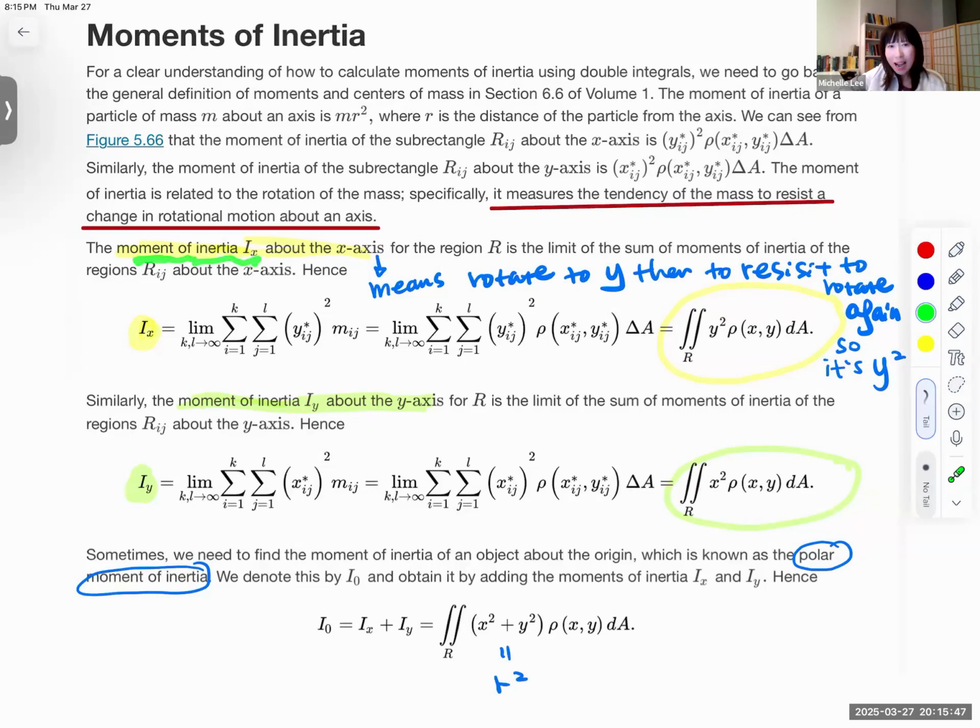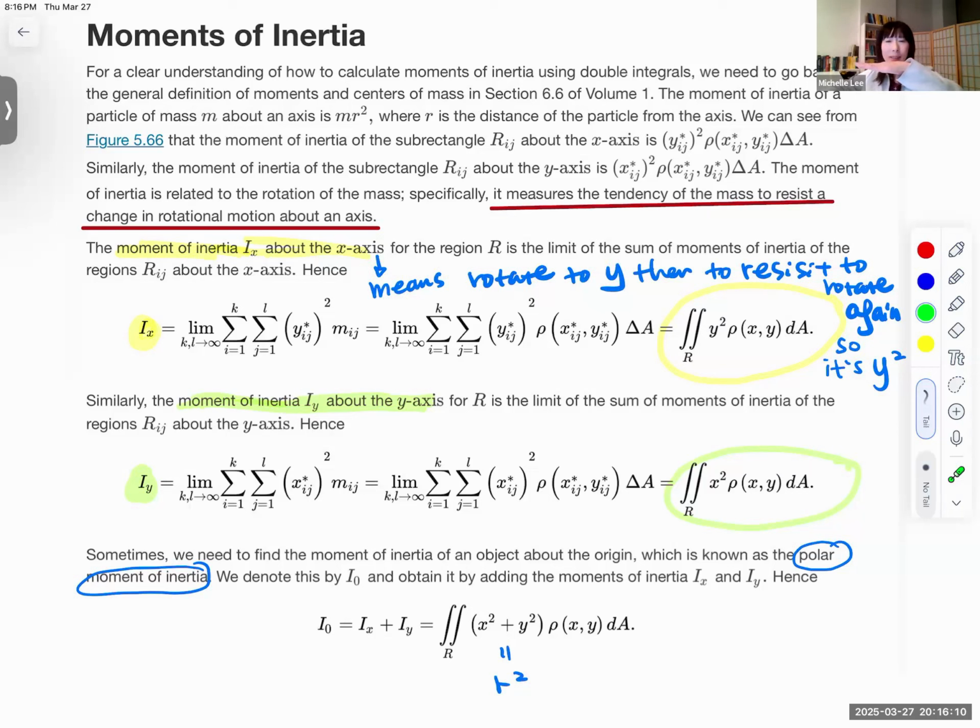So we denote I sub x. I sub x is about the x-axis. This means we rotate to y, then it resists rotating again. So we have a y squared. Make sense?